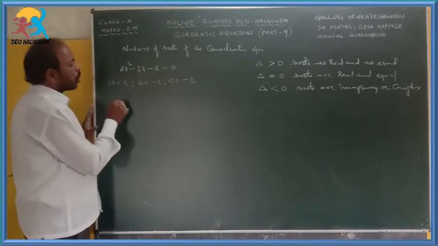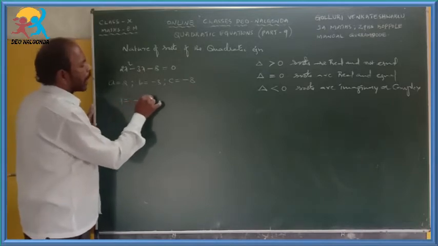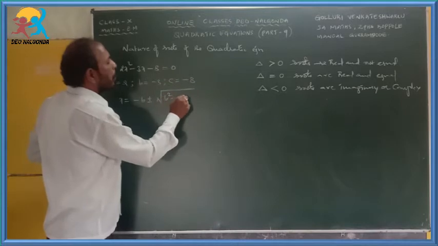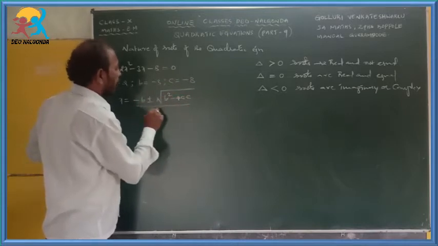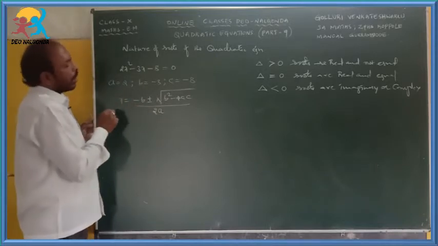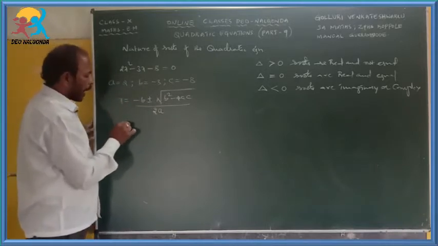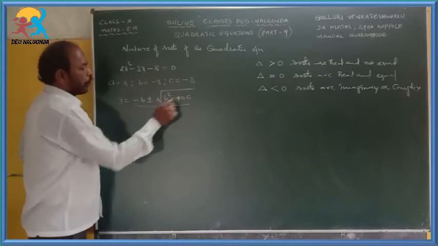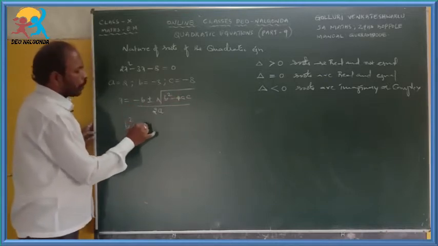According to the formula x is equal to minus b plus or minus root of b square minus 4ac by 2a, these are the roots of the equation. First find the discriminant value, b square minus 4ac.